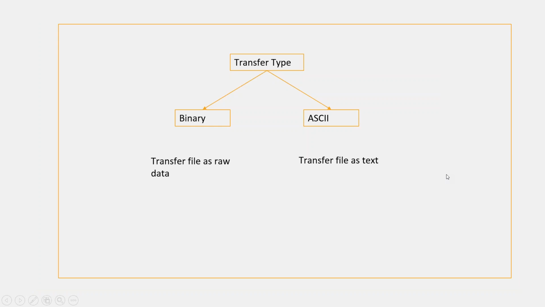Okay, and transfer types. In transfer types, we have seen two types, binary and ASCII. Binary type will transfer the file as raw data.